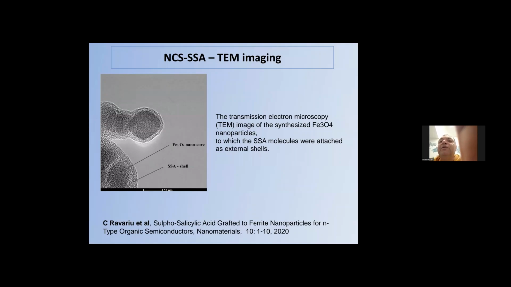And you can also observe on the edge of this dark region the external shell of sulfosalicylic acid molecules that were attached. Also, you can estimate now, not by simulation but by measuring with TEM, the size of a nanoparticle at around 10 nanometers.